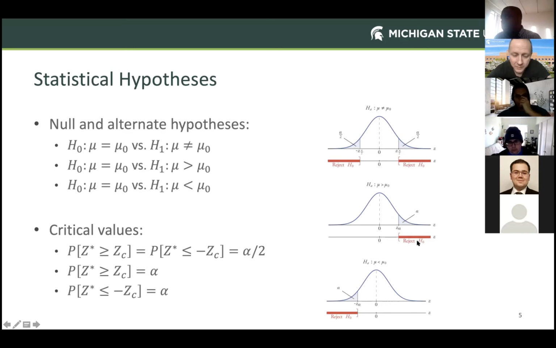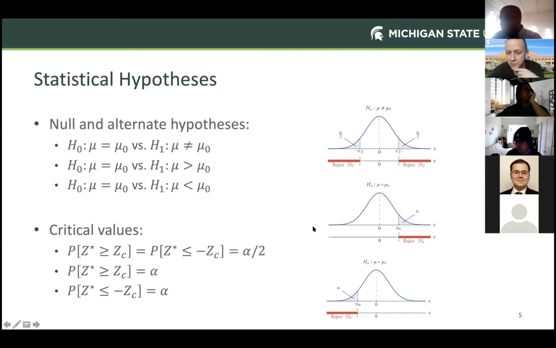So we may be concerned just with the top tail of that distribution, evaluating the second set of hypotheses and using this portion of that distribution as our rejection region. Or conversely, if we would expect a value to go down, or see a negative difference, where one population mean is smaller than the other, we may be interested in this tail, okay?